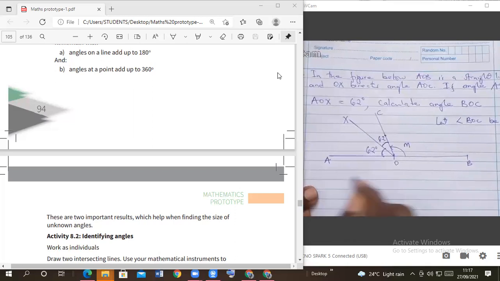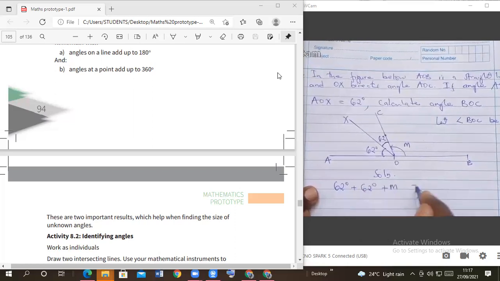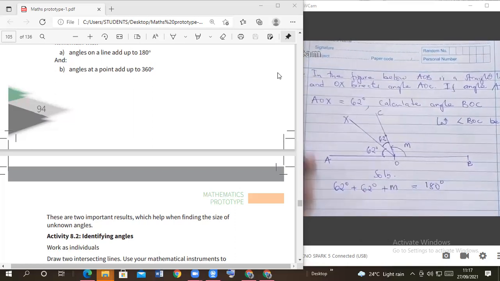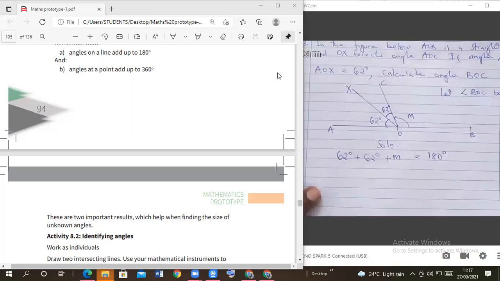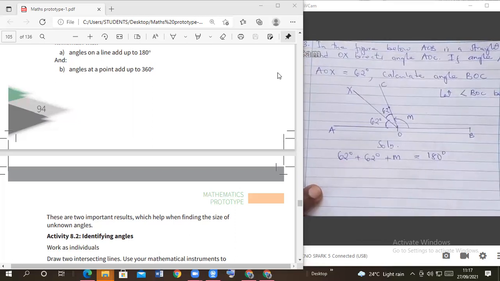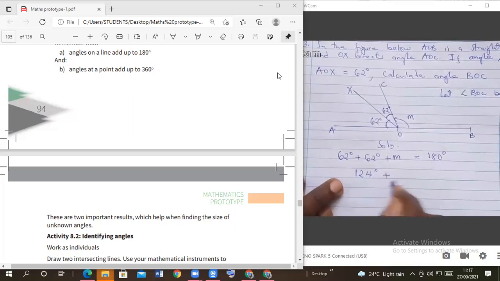So we are going to have 62 degrees plus 62 degrees plus M must give us 180 degrees. So this one, what do you get? 124. 124 degrees plus M is equal to 180 degrees.